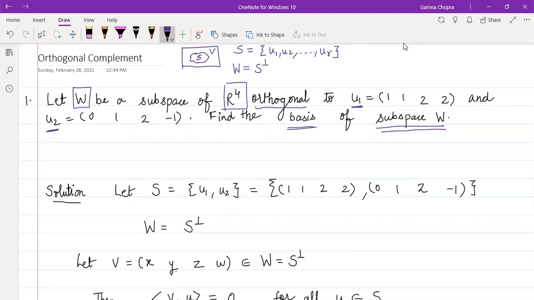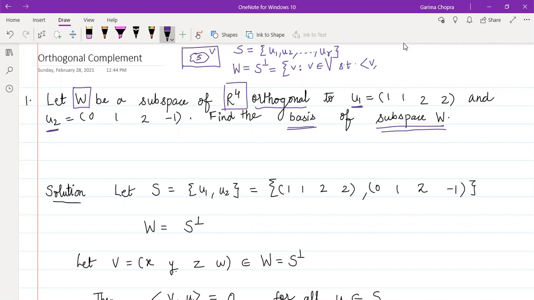W is the collection of such vectors, say v, of this inner product space V, such that this vector v is orthogonal to all the vectors of this subset S.